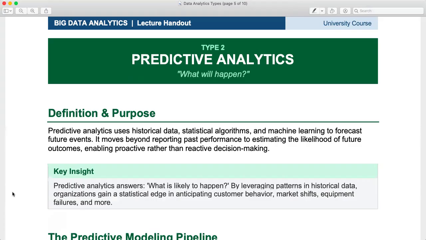But we are not relying on past performance reporting only; we are trying to estimate the likelihood of a future event or outcome that is evident from the data. That means we have understood from descriptive analytics that something has happened in the past. Predictive analytics gives you the opportunity to estimate the likelihood of the same event happening in the future.